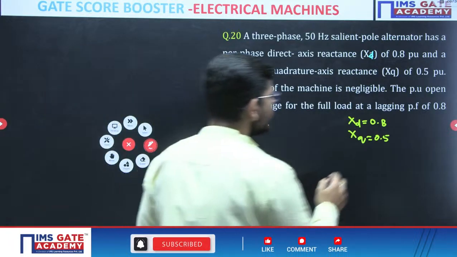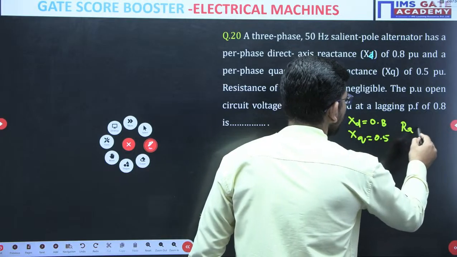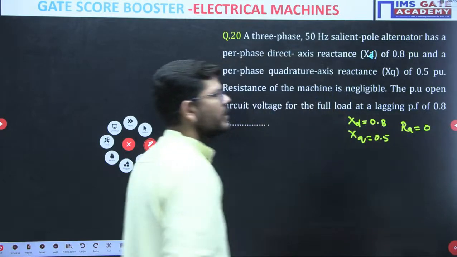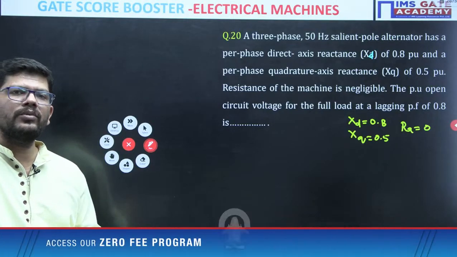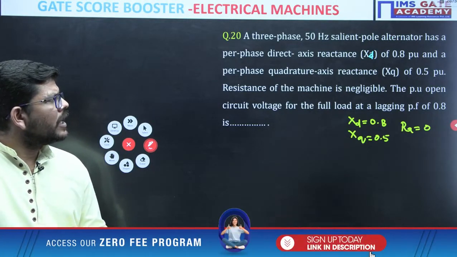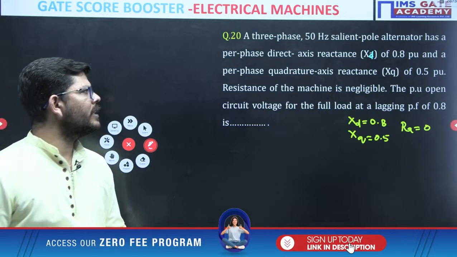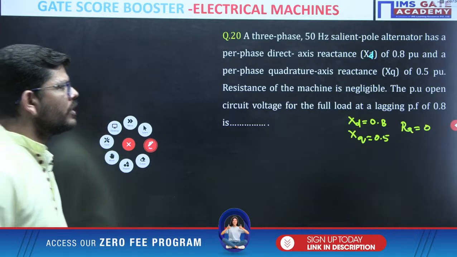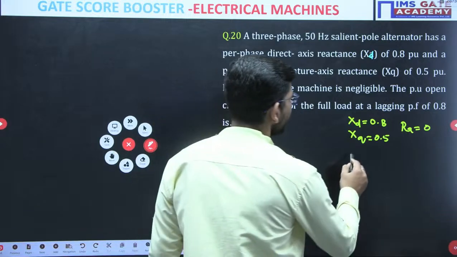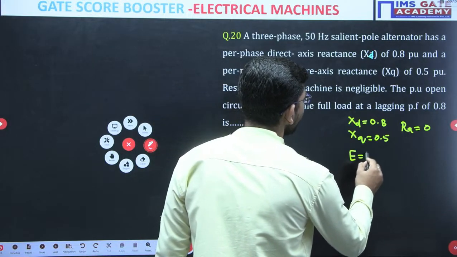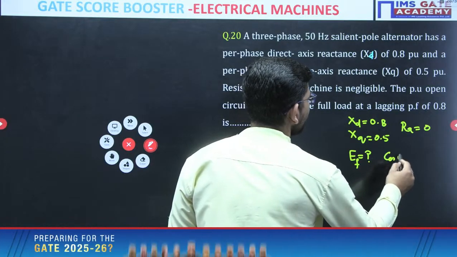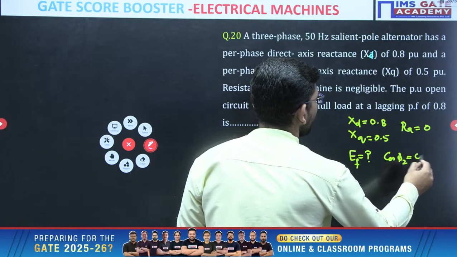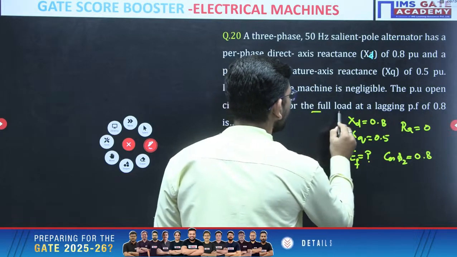When they have written this line, thanks to them, okay, because neglecting armature resistance will reduce the calculation to a very great extent. We have to calculate the per unit open circuit voltage E for the full load at a lagging power factor of 0.8.